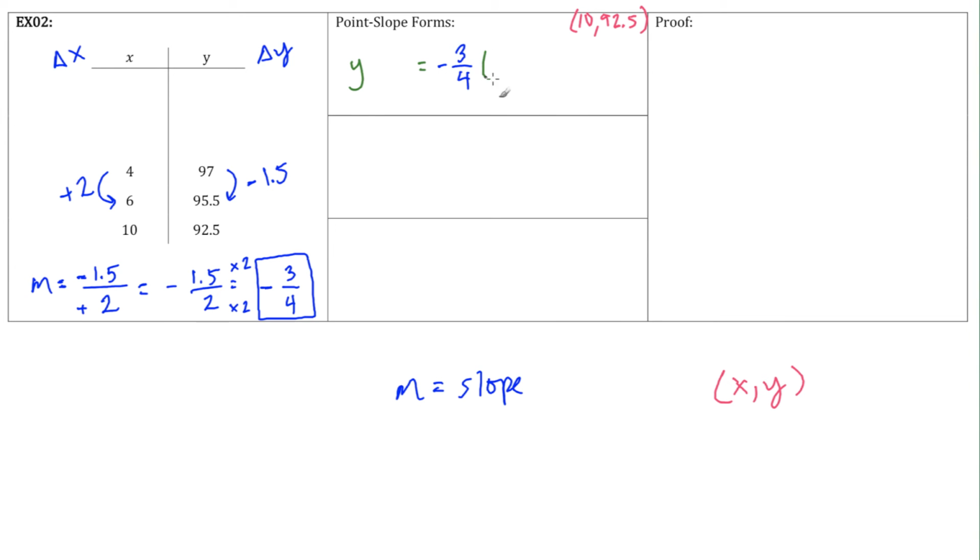Y and then X. So this 10 is a positive. When I subtract it, it will look negative. This 92.5 is a positive. When I subtract it, it will look negative. There we go. It was a little weird, but it'll be fine.